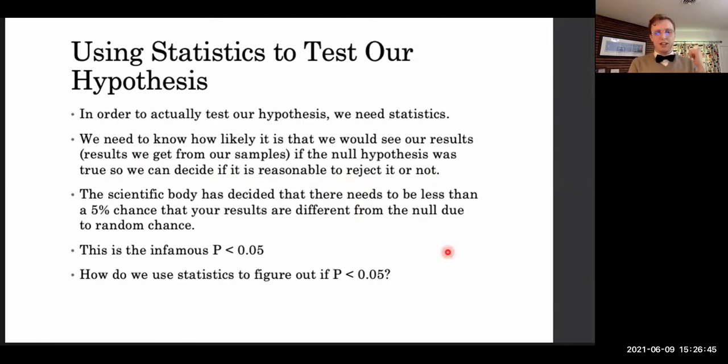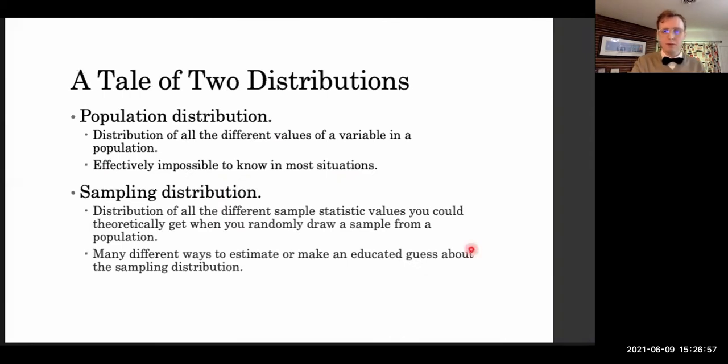Now, how do we actually use statistics to figure out if p is less than 0.05, and what is p and what is the importance of 0.05 in the first place? Well, before we get to that, we need to understand some distributions. Now, the population distribution is fairly intuitive.